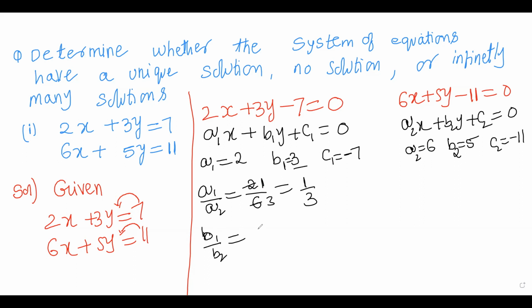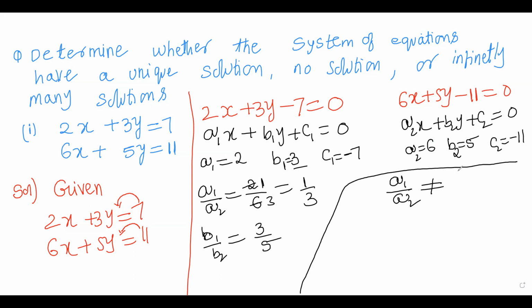B1 is 3, B2 is 5. So here I came to know that A1 by A2 is not equal to B1 by B2.